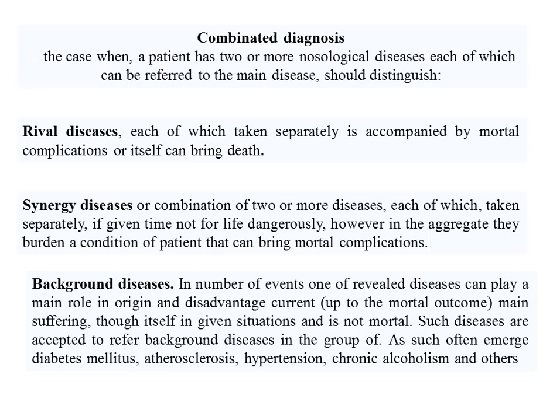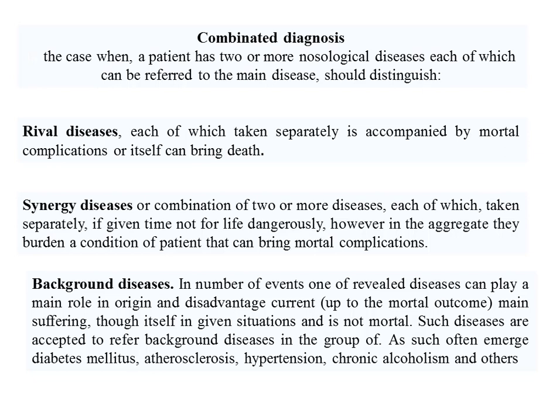Rival diseases: we have two very severe diseases, each of which, taken separately, is accompanied by a mortal complication or can itself bring death. Synergic or cooperative disease is a combination of two or more diseases, each of which taken separately is not life-threatening.